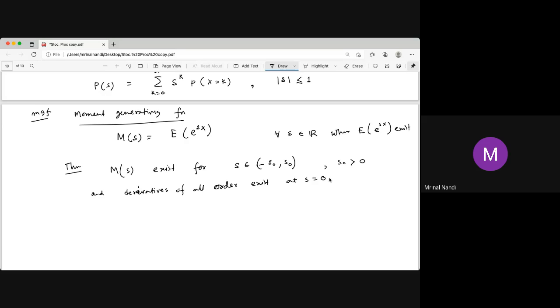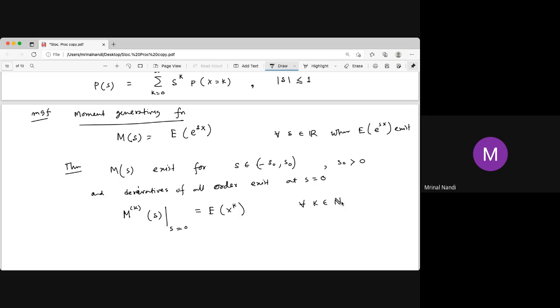If the function M is such that derivatives of all orders exist at s equal to 0, then what happens? Then M to the power k, the kth order derivative of that function at s equal to 0, is nothing but the expectation of X to the power k, for all natural numbers k.